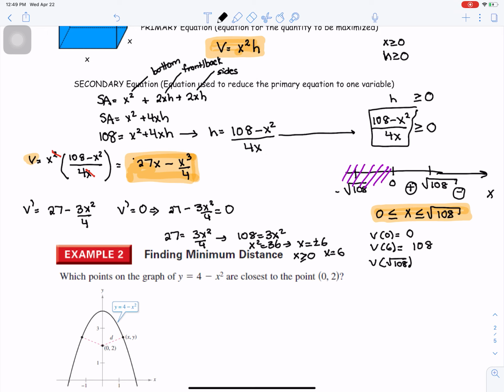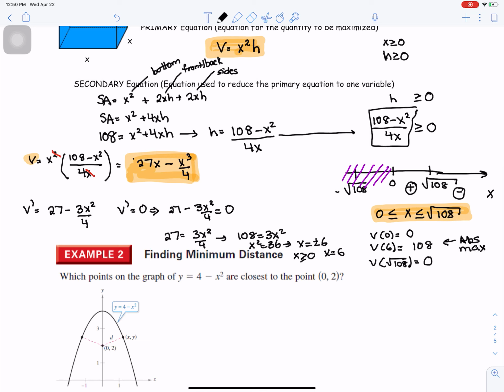And the volume at square root of 108, we take 27 times x minus x cubed divided by 4, and you get 0. So again, this represents my absolute max, because it's the highest number I get.